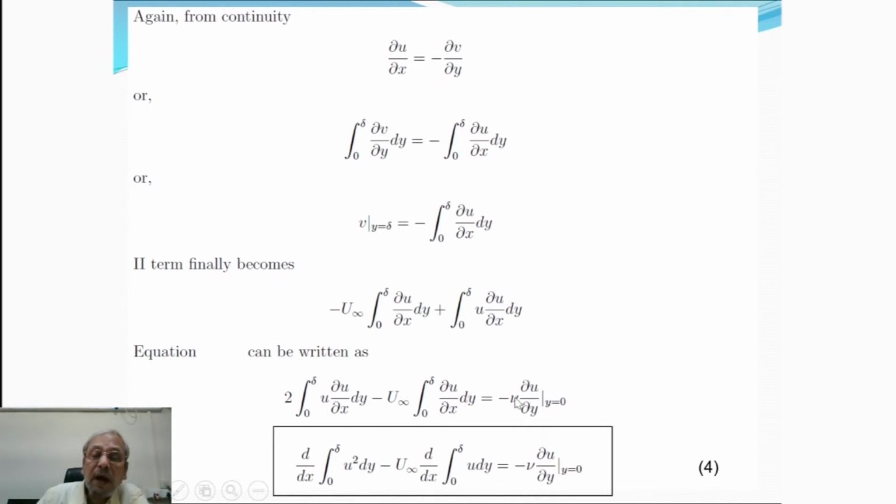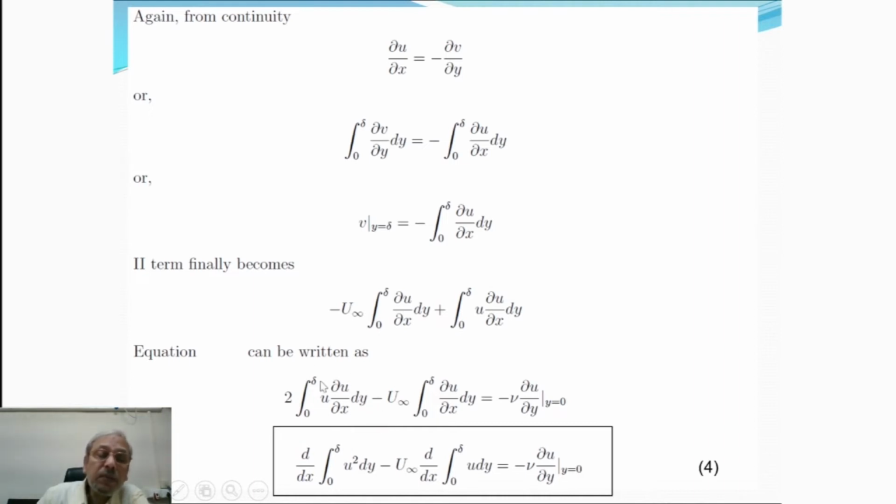So this is a term which means shear stress by rho, but we are writing nu ∂u/∂y at y equal to 0. So this equation we can rewrite as d/dx of the integral 0 to delta u square dy minus u infinity, again d/dx integration 0 to delta u dy, equal to minus nu ∂u/∂y at y equal to 0.